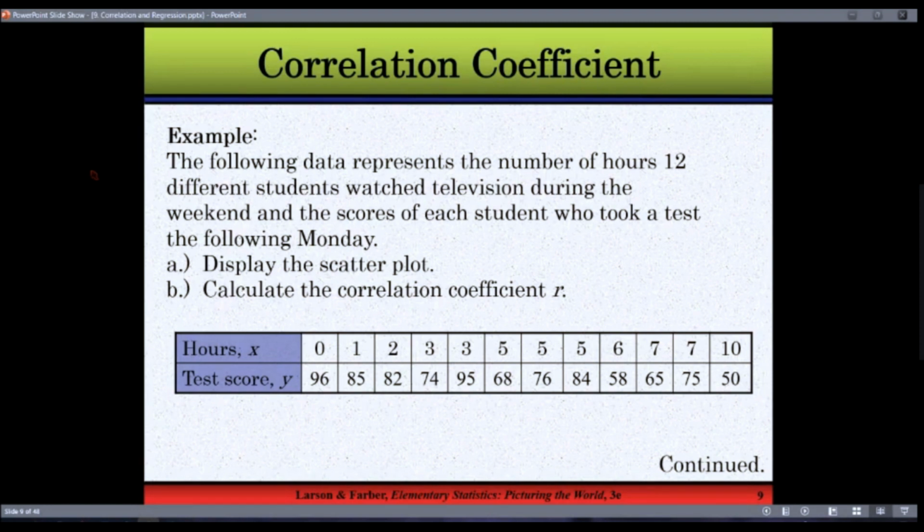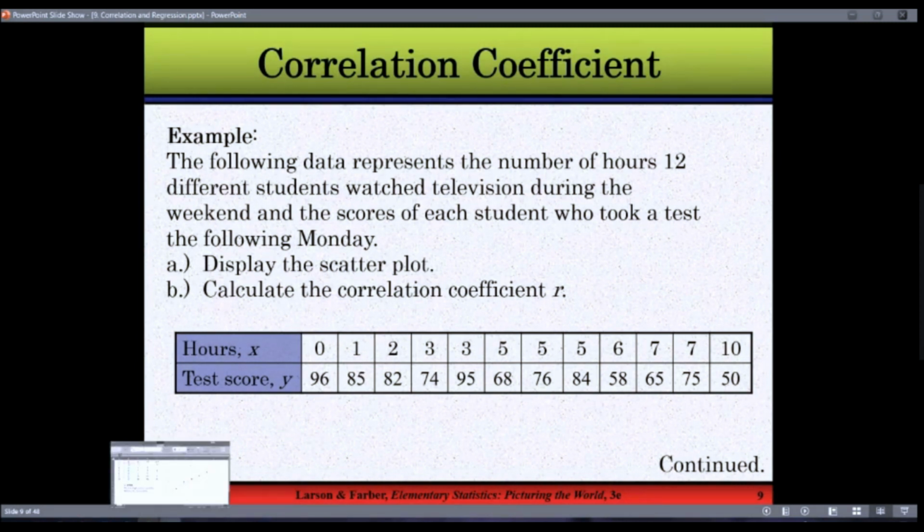So we wanted to test whether if you spent more or less number of hours watching television, mas mataas ba or mas mababa yung score nyo sa test. Okay, that is what we are trying to define using the correlation coefficient and the scatter plot diagram. So let's do that.